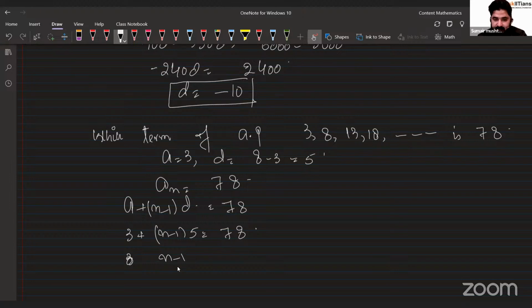This is n minus 1 times 5 is equal to 75, right? Okay.